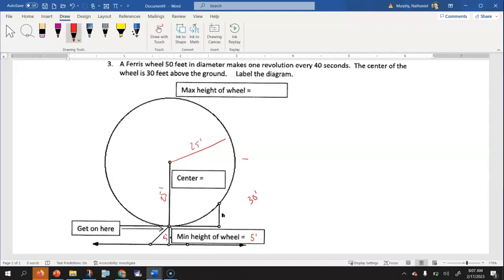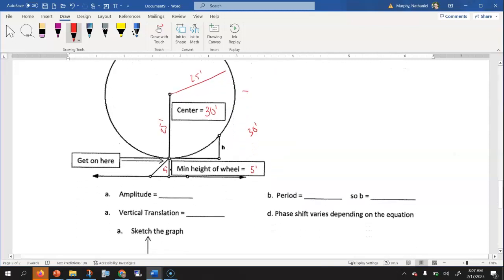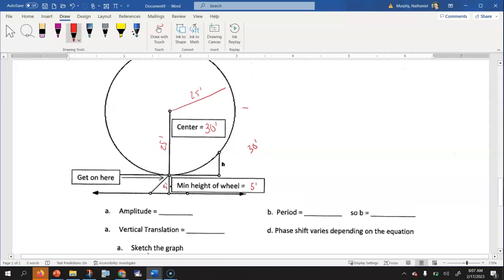So that's where we would get on the Ferris wheel. And the center of the wheel would be 30 feet above the ground. And the maximum height of the wheel, well, if the Ferris wheel is 50 feet, and the bottom is 5 feet above the ground, the maximum height would be 55 feet. All right, I think that's all we're going to need to get all the information that we need for our equation and graph.